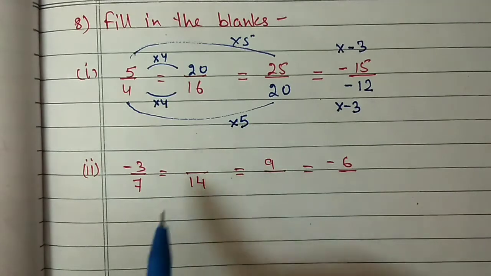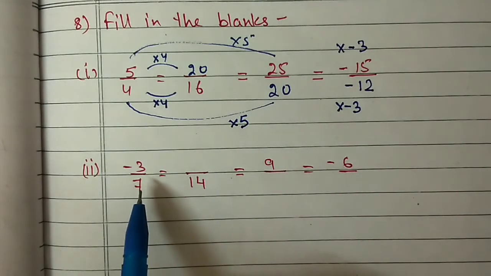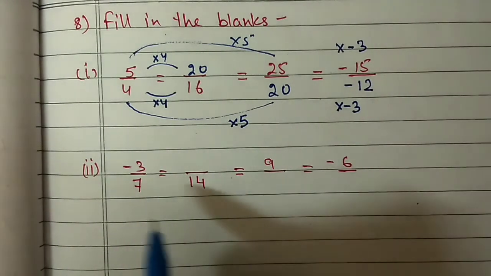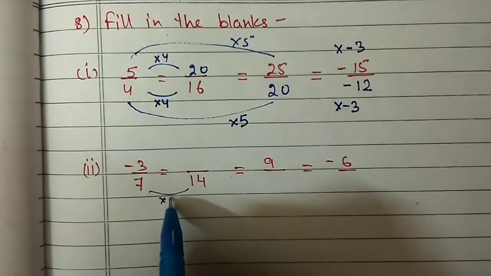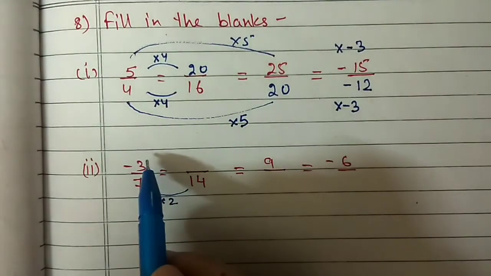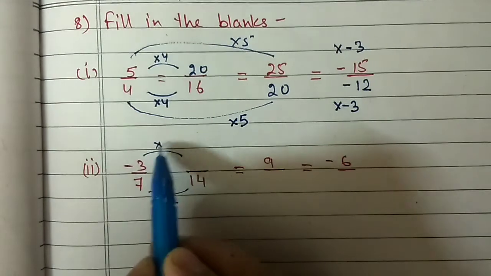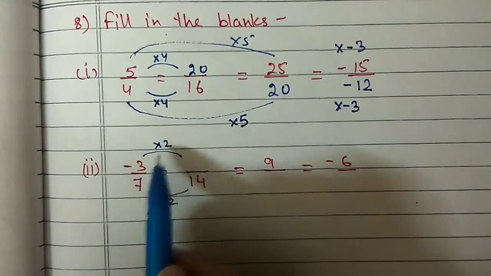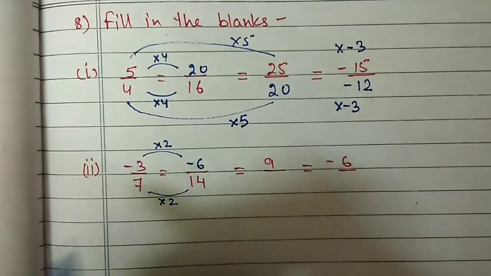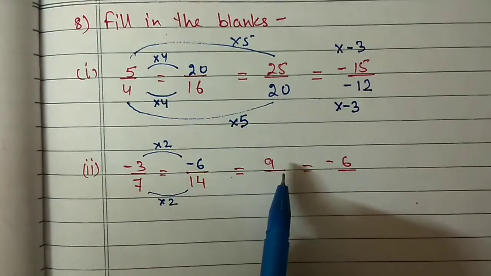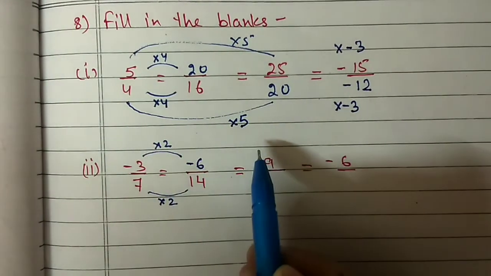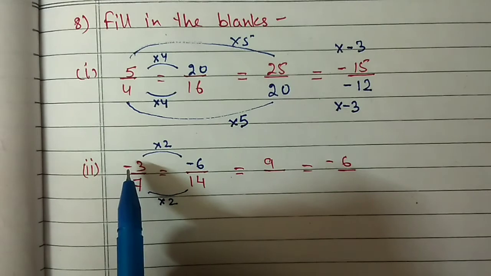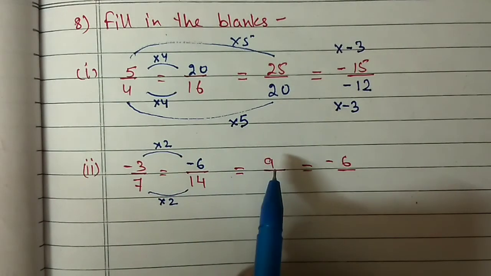Second part. Now start with the denominator. 7 into 2. If we multiply this 7 with 2 then it will become 14. So same thing we have to do for the numerator. Multiply with 2. Minus 3 into 2 is minus 6. Now check for the second one. What we are doing here? We are multiplying. Minus 3 into minus 3 will become 9.